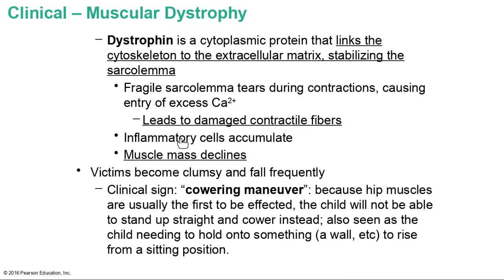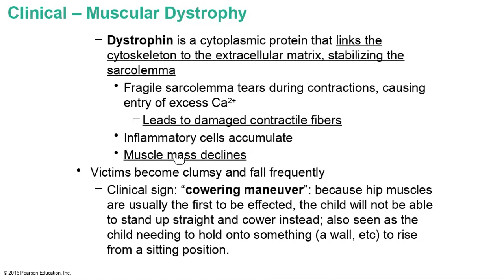You're going to have chronic inflammation, and over time that inflammation by itself, because it continues to stick around, is going to do even further damage to the cellular structures. So you have a couple of factors contributing to the destruction of muscle tissue, and over time this just gets worse and worse.